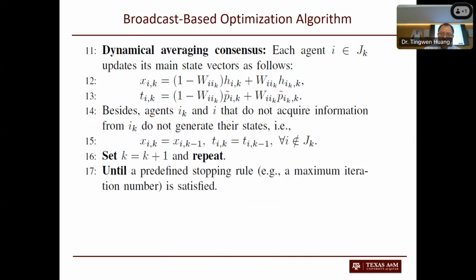Then we update through dynamic averaging consensus these two variables, xik and tik. Besides, agent ik and agents i that do not acquire information from ik do not update their states. So basically, no change for this. Then we just repeat this process until a predefined stopping rule is satisfied.